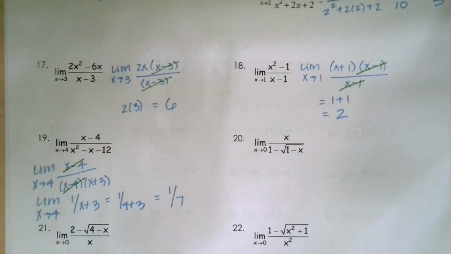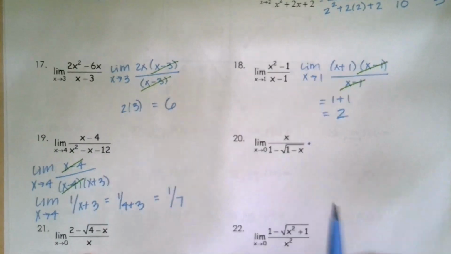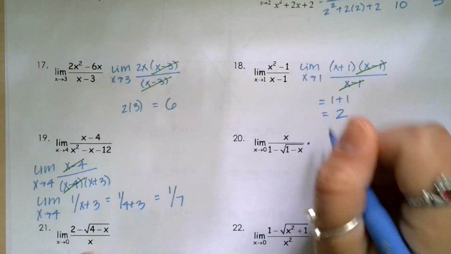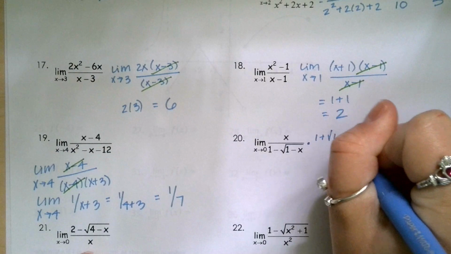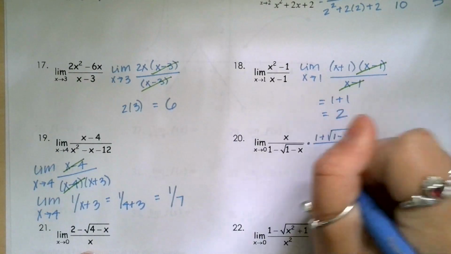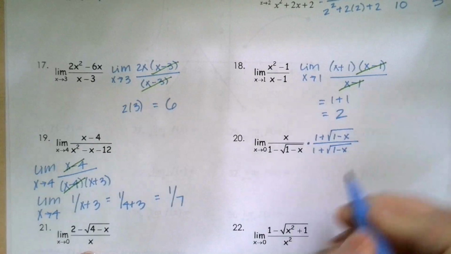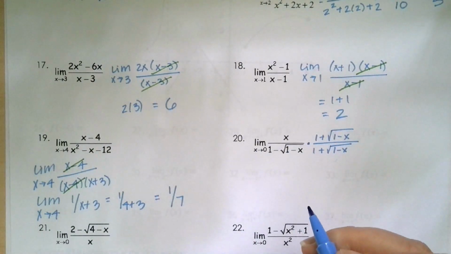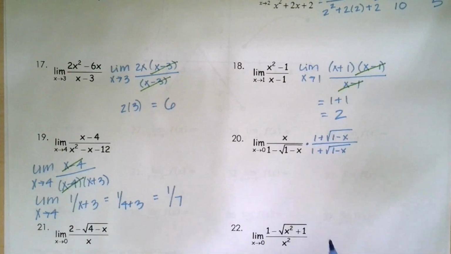So for number 20, what we're going to multiply by on the top and the bottom is going to be 1 plus the square root of 1 minus x. Okay, 1 plus the square root of 1 minus x. Right, so notice how the only thing that changed is that middle sign, right? We didn't change the sign on the square root at all.